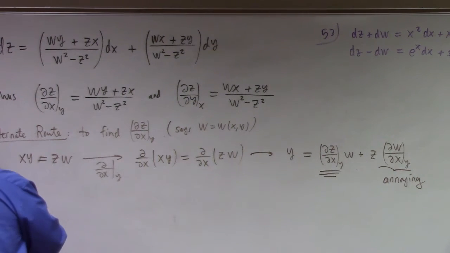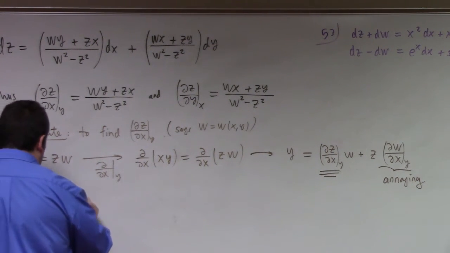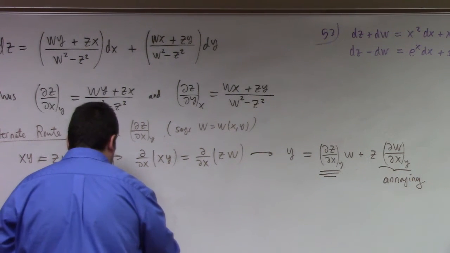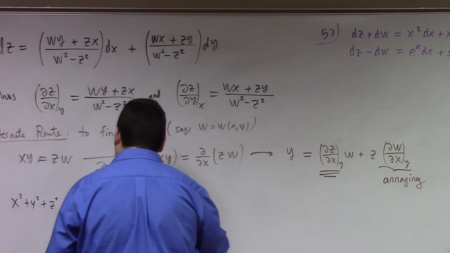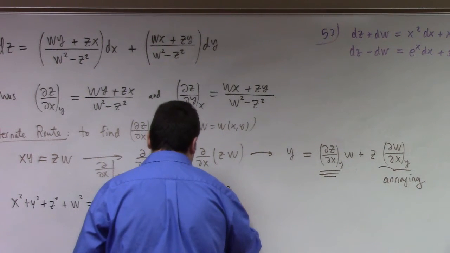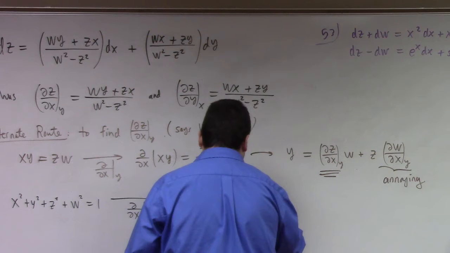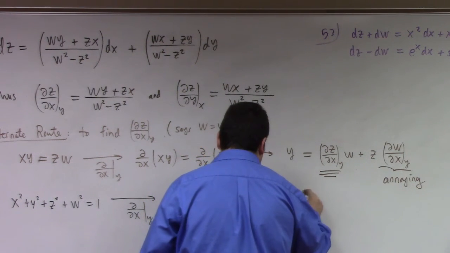We also know that x squared plus y squared plus z squared plus w squared is 1, right? So partial differentiate that with respect to x holding y fixed. What's that give you? 2x plus 2z partial x holding y fixed, right? Plus 2w partial x holding y fixed equal to 0.